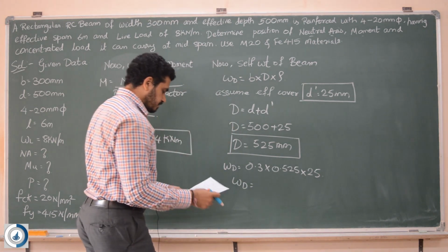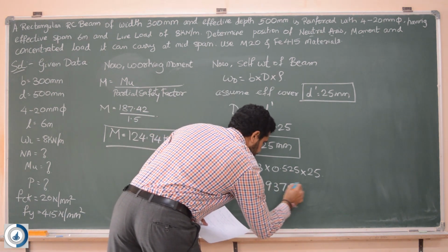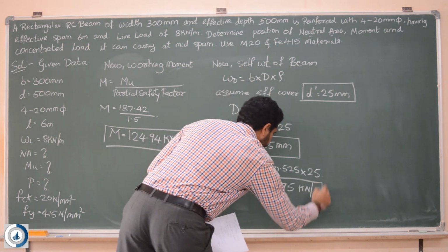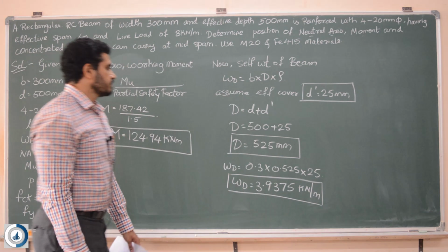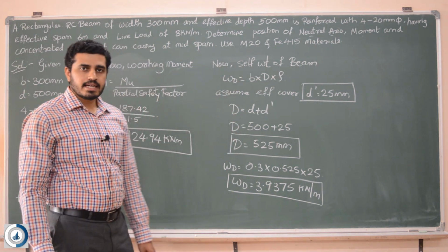WD works out to be 3.9375 kilonewton per meter. So this is the dead load on the beam, or the self weight of the beam. I hope it is clear.